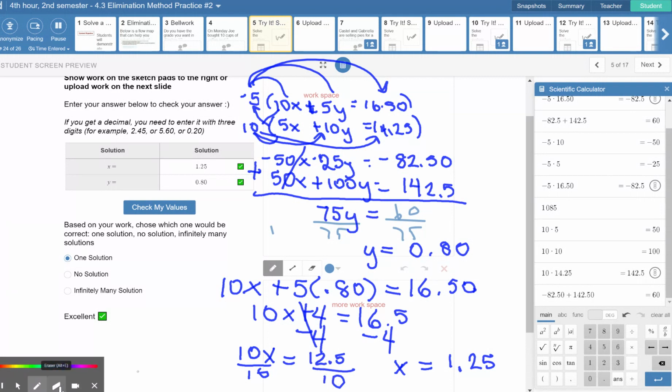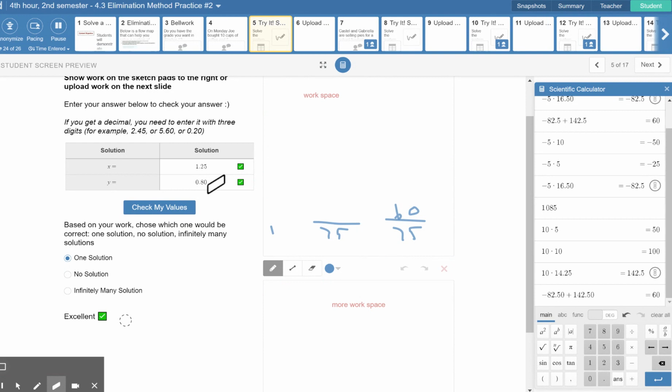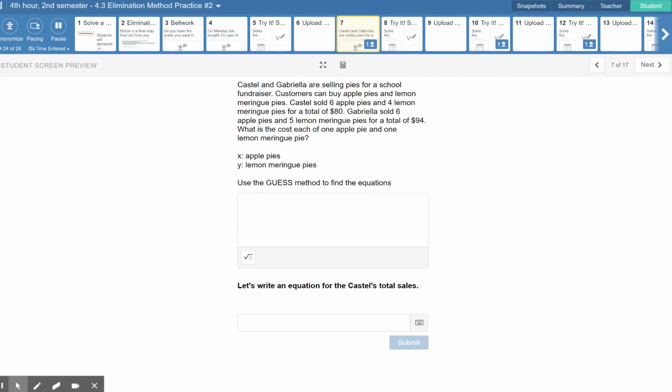Now for the next word problem, we're going to do the exact same thing. So we have Castell and Gabriella are selling pies for a school fundraiser. So Castell sold 6 apple pies and then 4 lemon meringue pies.